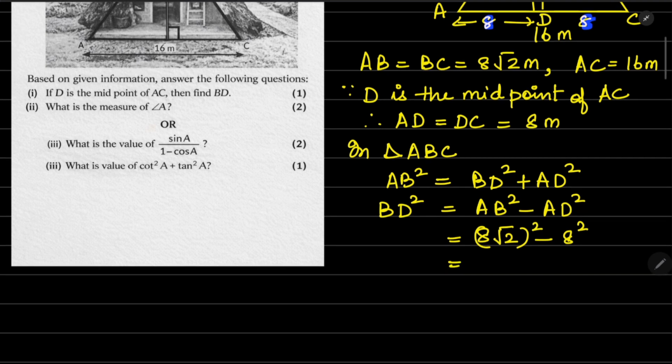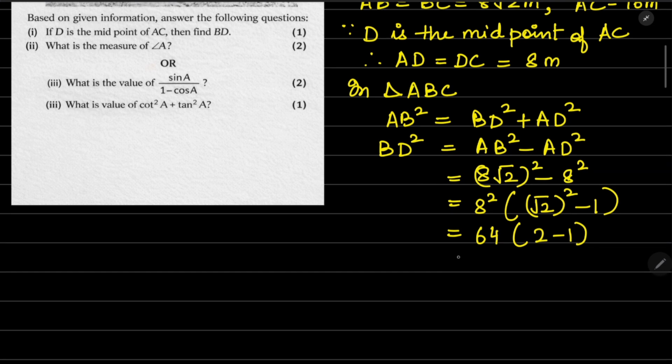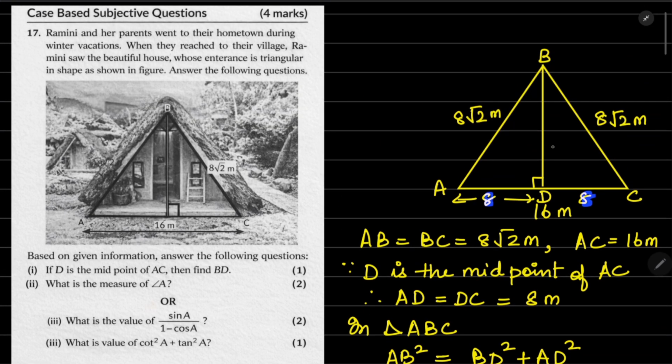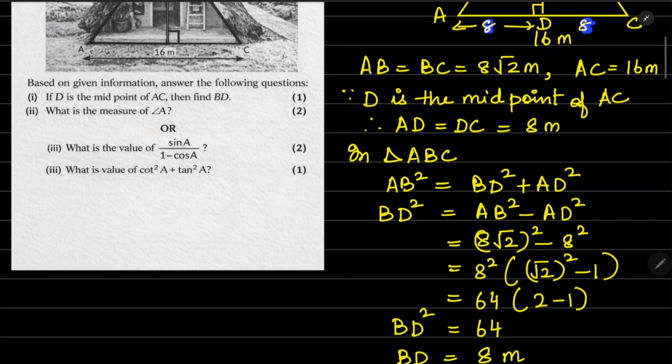You can take 8 square common out. So inside you will have root 2 the whole square minus 1. 8 square is 64, multiplied by root 2 the whole square is 2, minus 1 which is 1. So therefore BD square is 64 into 1, 64, and BD is equal to plus or minus root of 64, which is 8 meters. So you've got BD is nothing but 8 meters. So this is your first part.